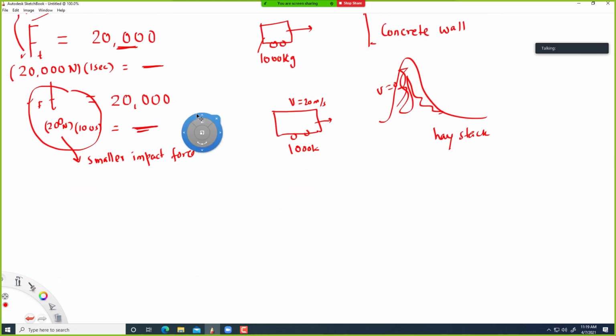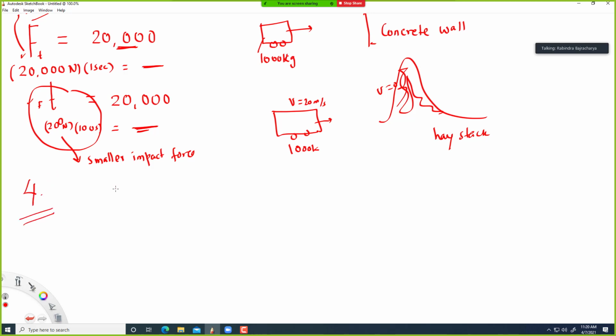Okay, so that's that. Let's look at number 4. Find the impulse of the net force on the ball during its collision with the wall. So a ball collides with the wall and then it bounces back. See the picture? We want to find how much impulse the ball gets during the collision.